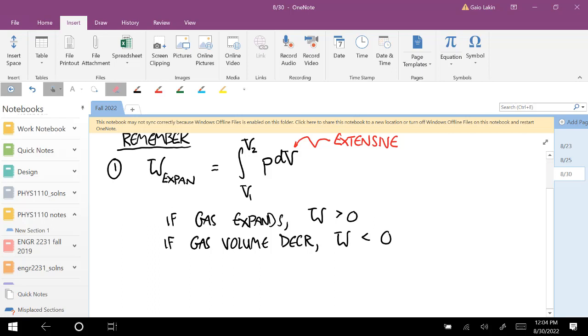Let's just talk for a second physically about how you would do that. Say you want to make a process happen where volume or temperature or pressure are held constant. Okay, so first, this is the easiest one. To hold V constant in a process, how do you do that?